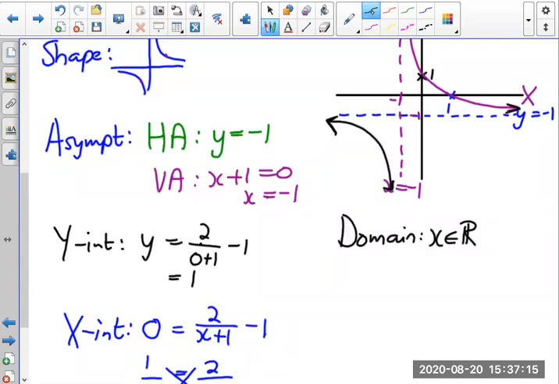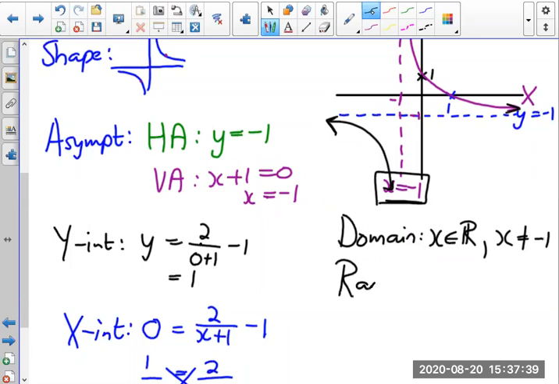But do you still remember that you must exclude the asymptote with an x in it? Because the graph is not at the asymptote. So remember to exclude x equals -1.